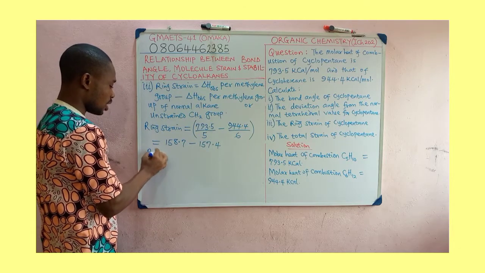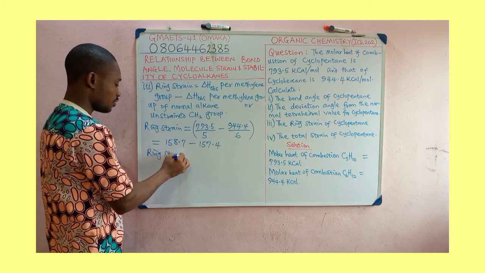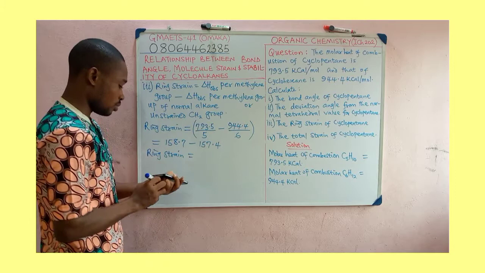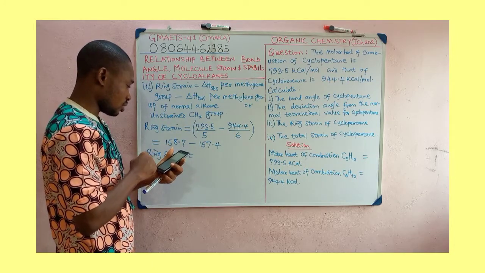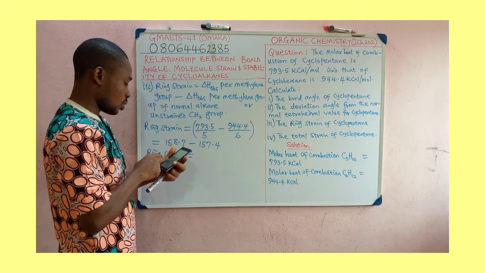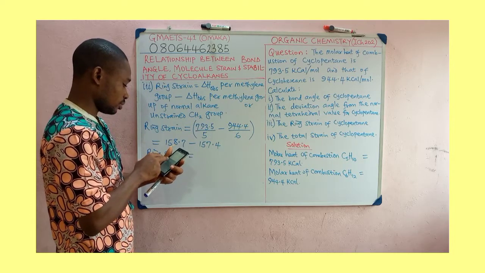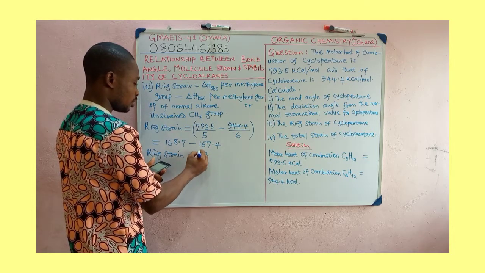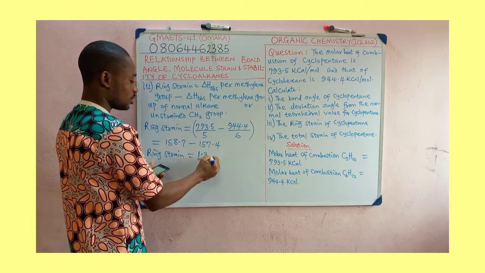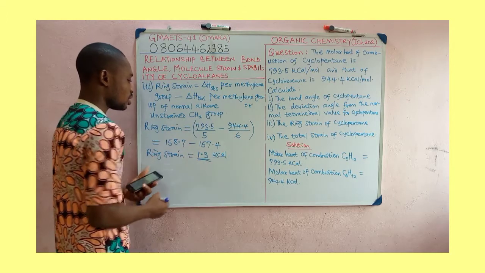So the ring strain for cyclopentane will now be 158.7 minus 157.4. That is 1.3 kilocalories.